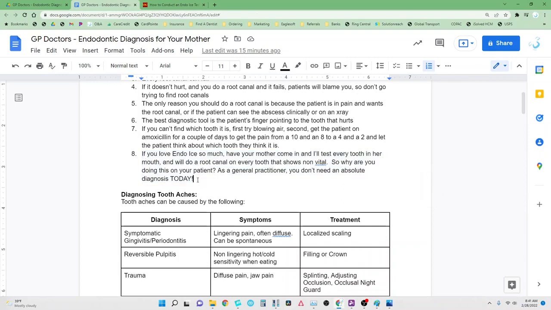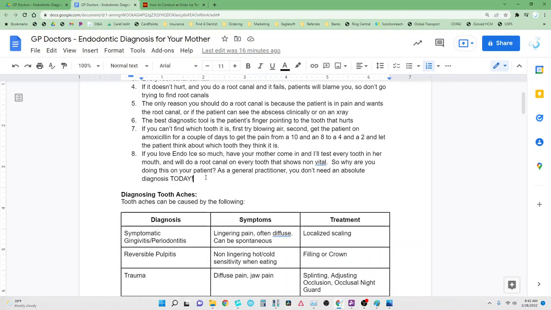The other thing I'm going to tell you about endo ice is it hurts the patient. A patient comes in in pain, and instead of using something as easy as air or having them go on amoxicillin for a couple of days, you're going to put a cold object on top of that tooth.